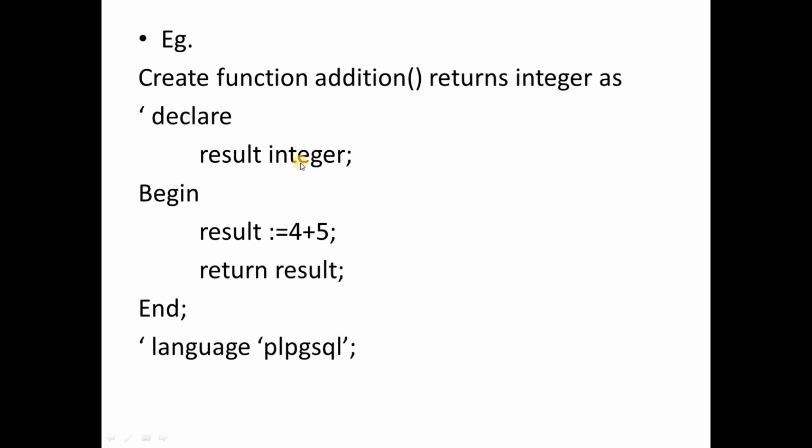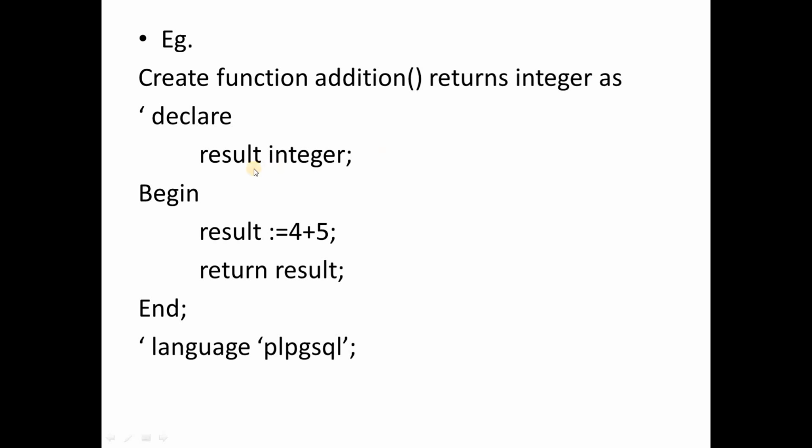Variable declaration, assignment, or your SQL queries are known as statements in the plpgSQL language. So we declare a variable name and then the type of that variable, result integer, and every statement ends with a semicolon. This is our declaration part.